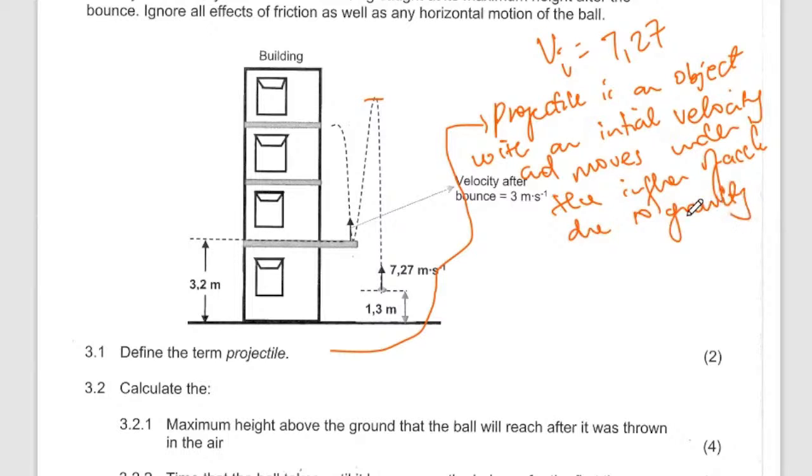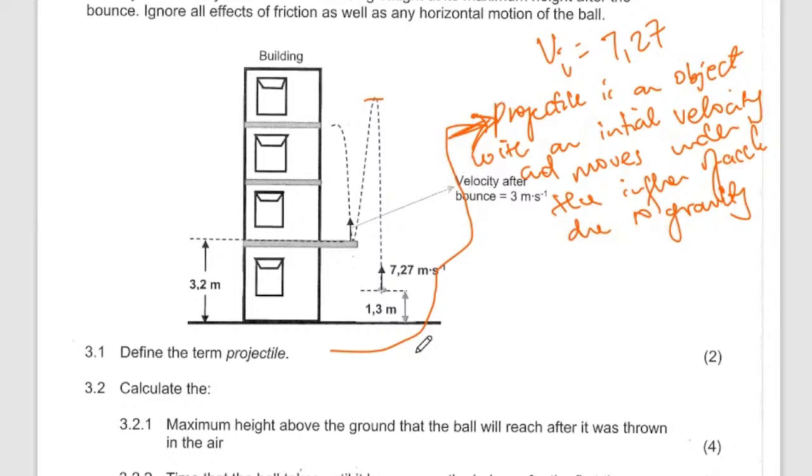Remember, I said there's a difference between free fall and a projectile. With the projectile, you must give the object some sort of initial velocity. You must give it a push. You must not keep it static before acceleration due to gravity can take place.